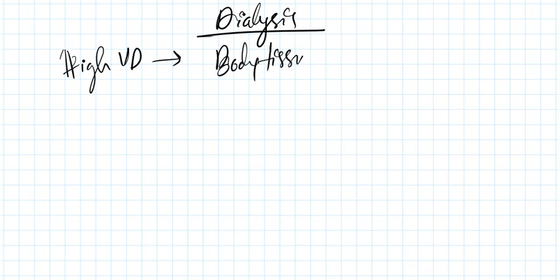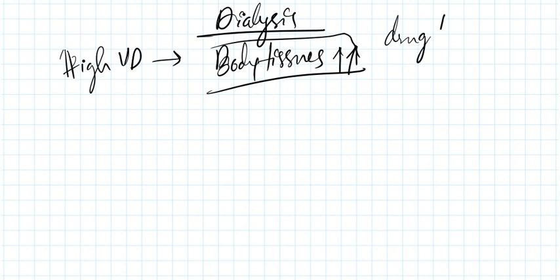The drug can easily be transported into the body tissues. Now, for example, some drug toxicity has occurred and it has high volume of distribution. Is it possible that it can simply be removed, taken out from the body?